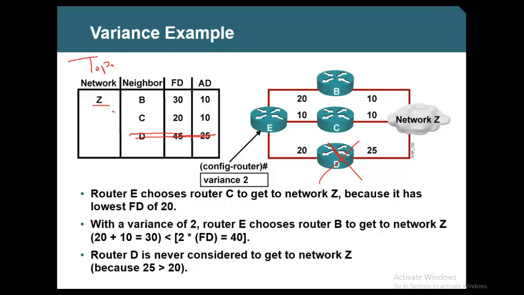You got destination Z with how many primary routes? Only one successor, and that is router C. But there is also another route called the feasible successor in the same topology table, but not seen in the routing table.